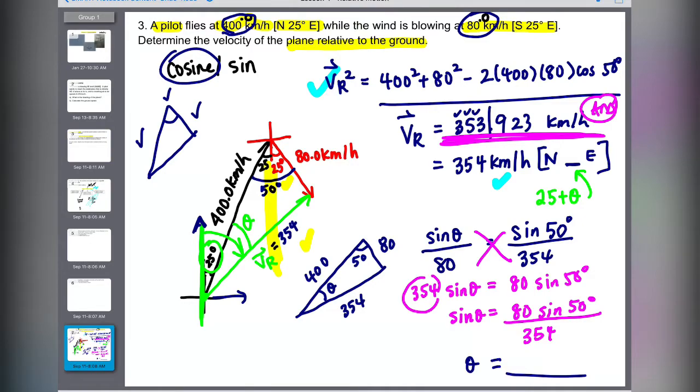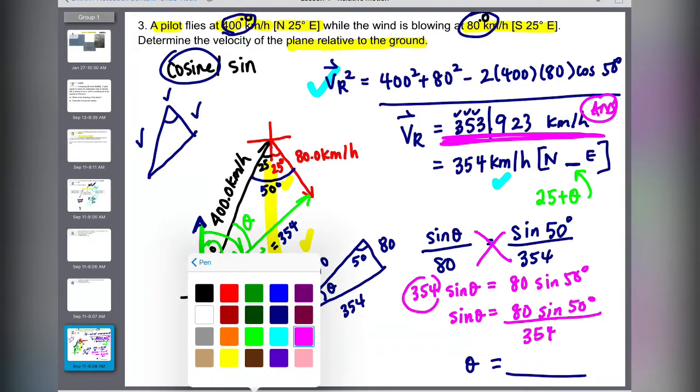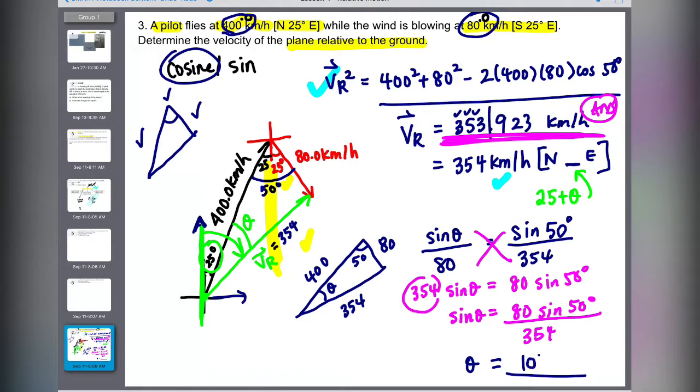So I'm going to actually say divided by the answer that I got so that I have all the decimal places that are there. I'm going to press equal, and then I'm going to go shift sine to get the inverse of the sine, and I got the angle to be 9.97, so the angle is 10. So that means if I now finish off the question, the actual angle is 25 plus 10, which equals to 35 degrees.